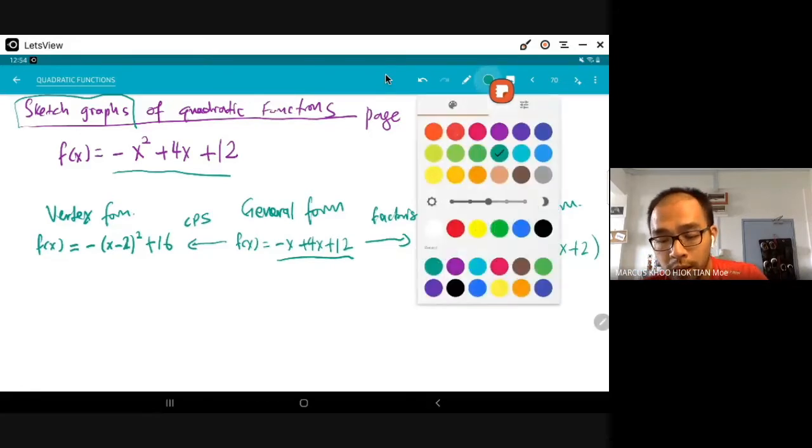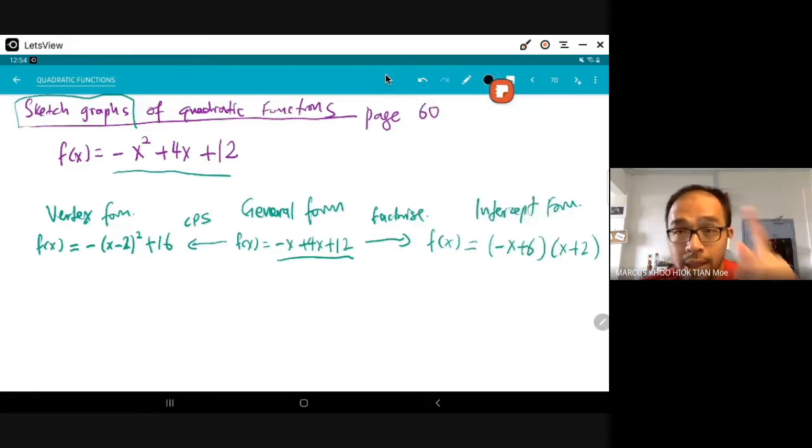Now, once you have all three forms, then you can take all the information you can. From the vertex form, I already said we can get information. The first information: is it a minimum or a maximum graph? From this number, because it is negative, it is a maximum graph. That's the first information.